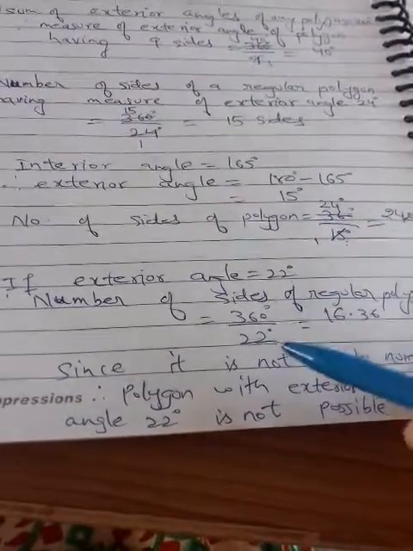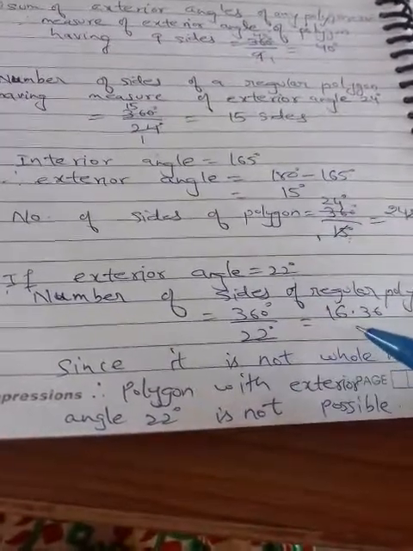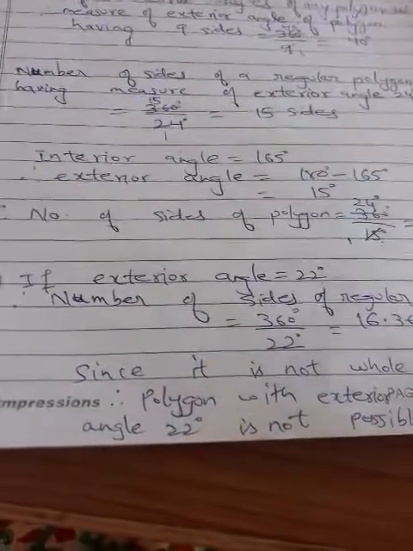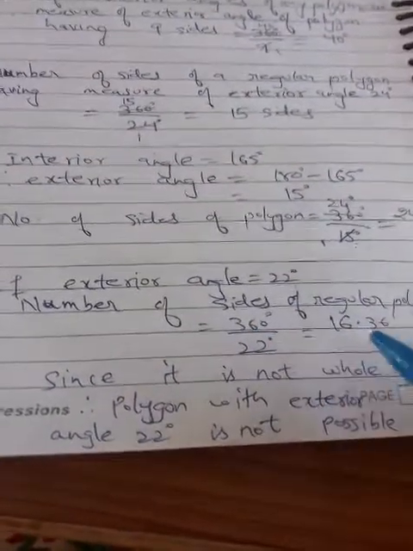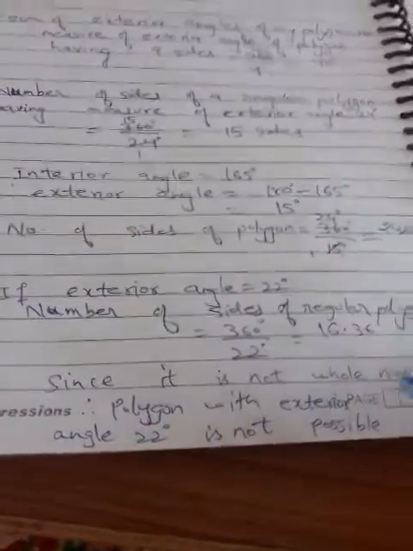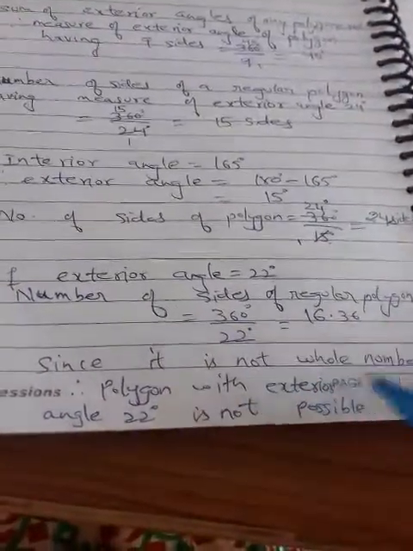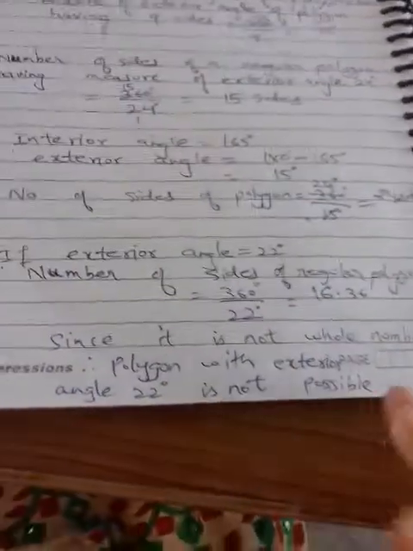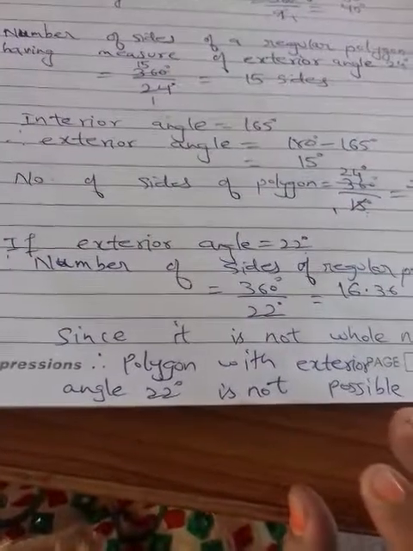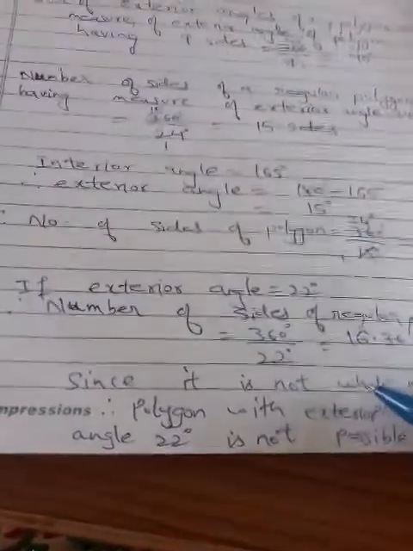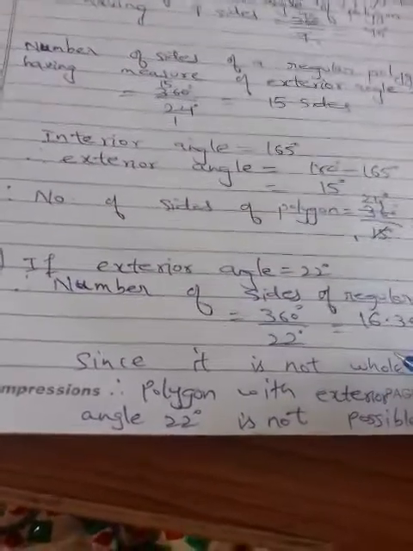But students, when we divide 360 by 22, it gives 16 point something, like 16.36, and so on. It is not a whole number. It means since it is not a whole number, therefore a polygon of exterior angle 22 degrees is not possible. It should be a whole number. Only then is the regular polygon possible.